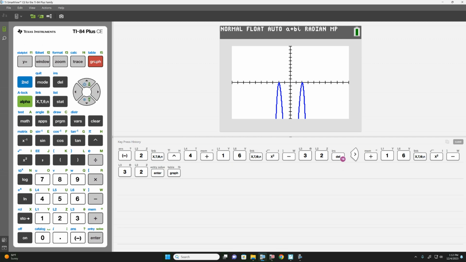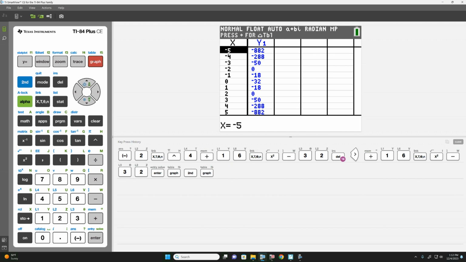So we look at this here. Now with graphing, we're trying to see what values of x will make the y value be 0. So if we go second graph, we do see 2 locations where it is indeed 0.